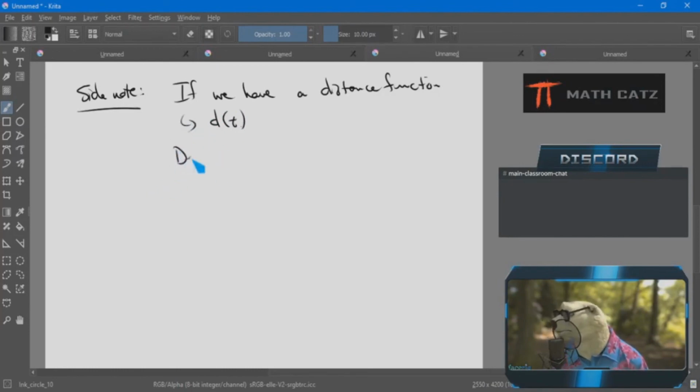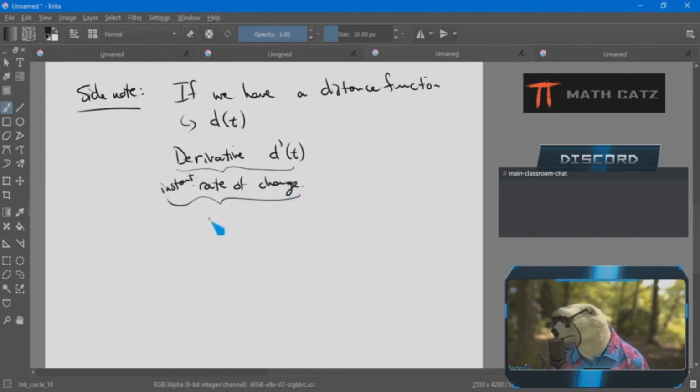Then the derivative, which will be d prime, well, this is the rate, so the instantaneous rate of change, and the instantaneous rate of change is velocity, with the size being the speed and so on. So this represents the velocity function.